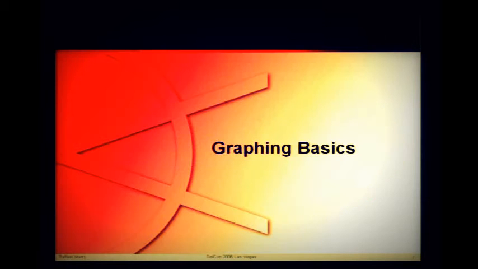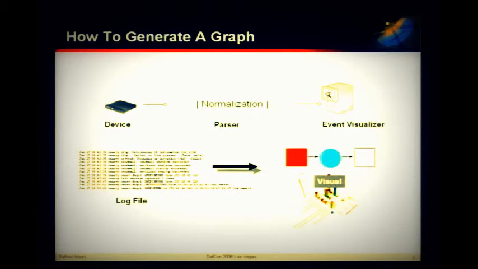time. All right, so how does graphing work, or what do I mean by that? There are basically two steps, if you simplify it a little bit. You have a device that generates a log file, or maybe events. You record them, and you want to make a visual on the right side, some kind of representation, a bar chart or a link graph or a tree map or something.